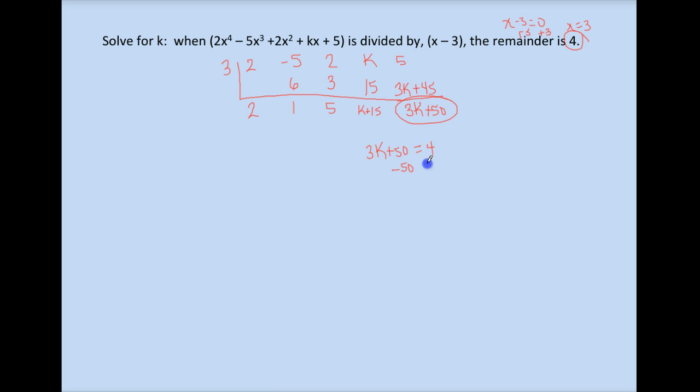I subtract 50 from both sides, and I get 3k equals -46, and I divide both sides by 3, and I get k equals -46 over 3. Not a very pretty answer, but it is the correct answer. So the number that should have been here is -46 thirds.